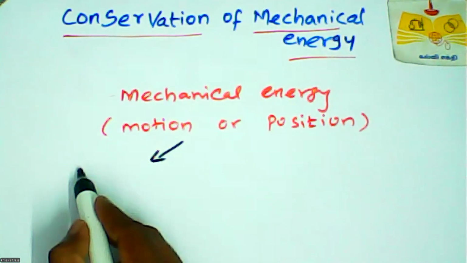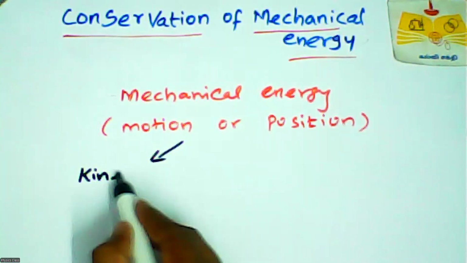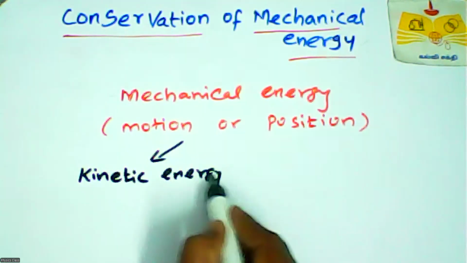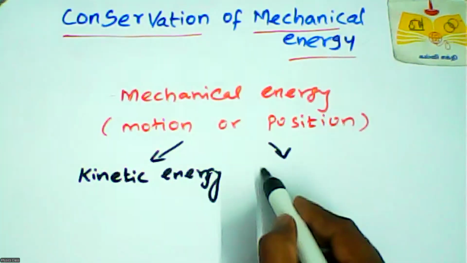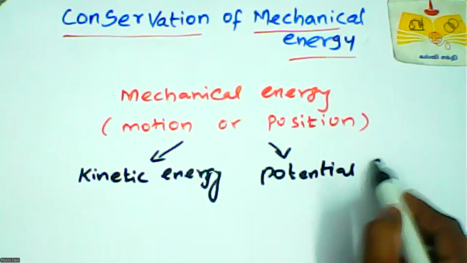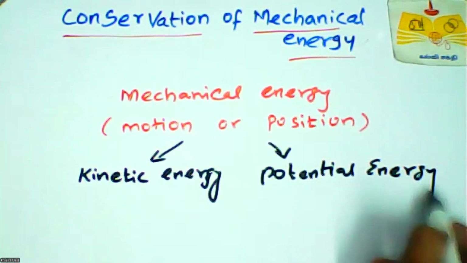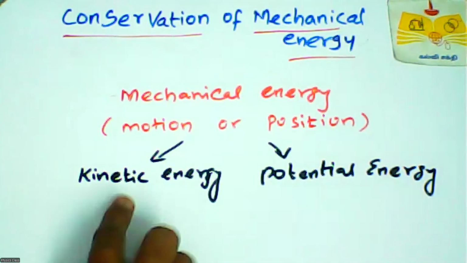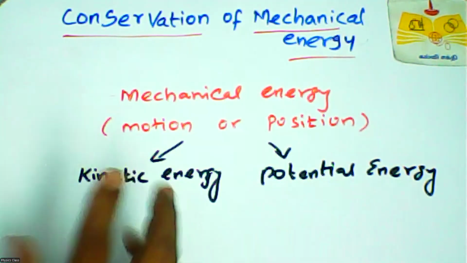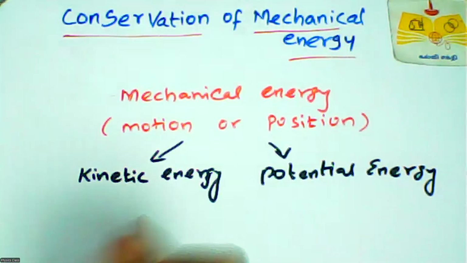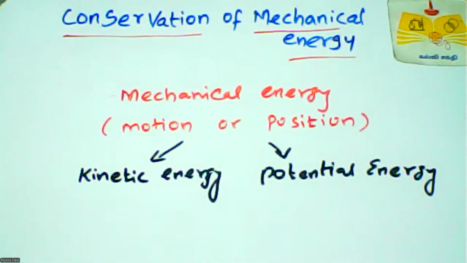One, kinetic energy, and the next one, potential energy. First of all, kinetic energy. Kinetic energy is the energy an object has due to its motion.